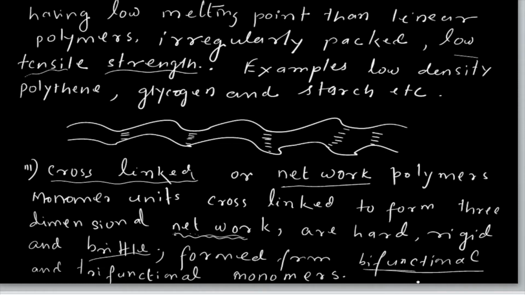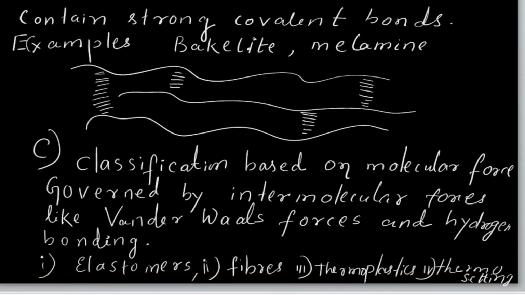What are the examples and what is the structure of cross-linked polymers? See, this is called cross-link. Here it is crossing, that is why cross-link polymer, and they only contain covalent bonds, which are very strong. Example, bakelite. What is bakelite?